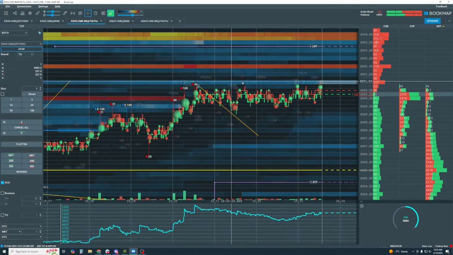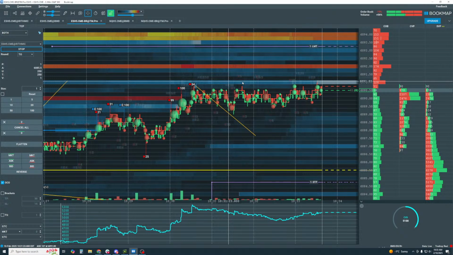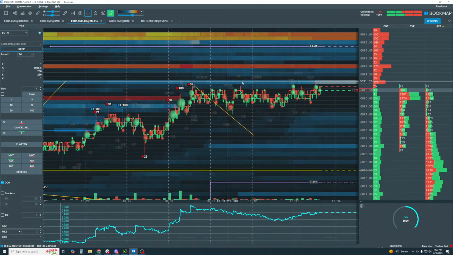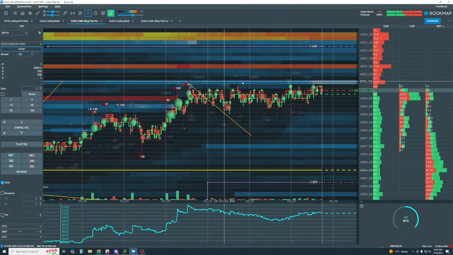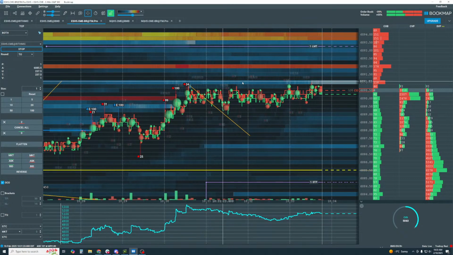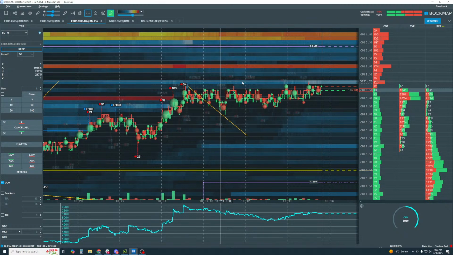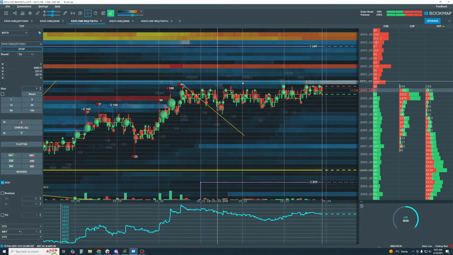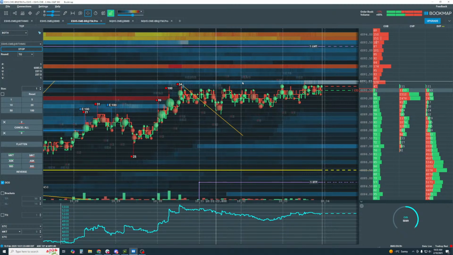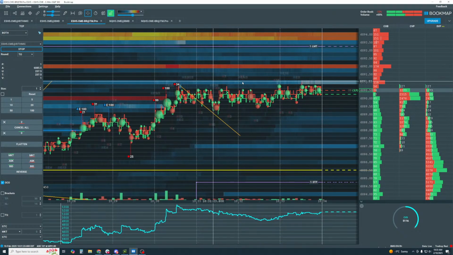This is something I actually really like about auction market theory, and not volume profile, but market profile, the TPOs, and your single nodes in the market profile.